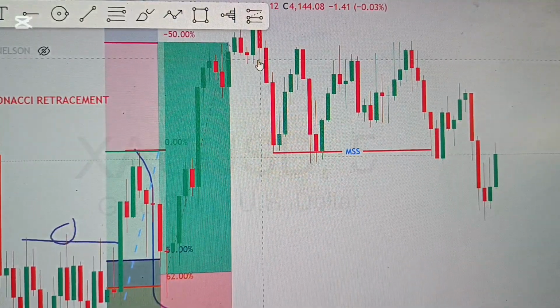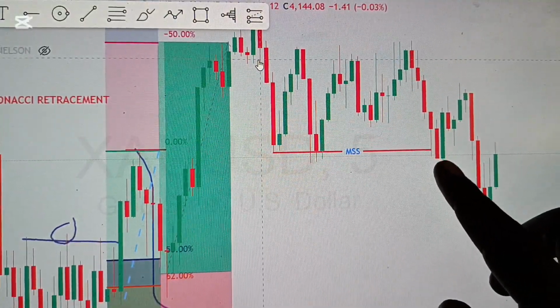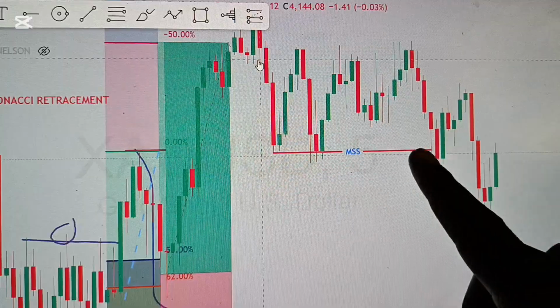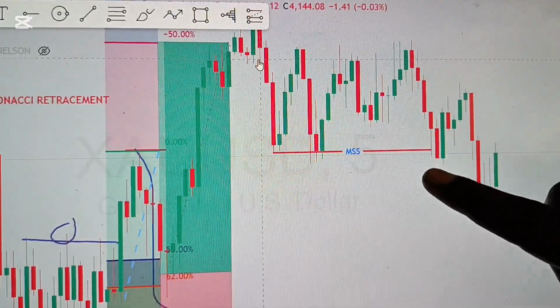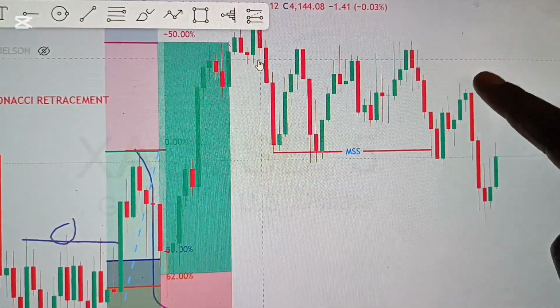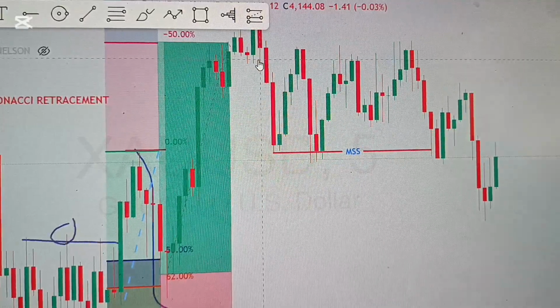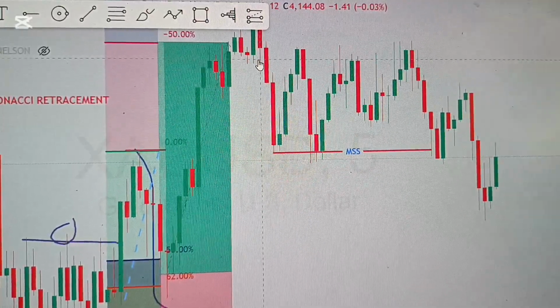What we need to do after the change of character is, this is where the price was. After the change of character, remember that we anticipate the price to go back to this point, to retrace back, but we don't know exactly the point where the price will go.